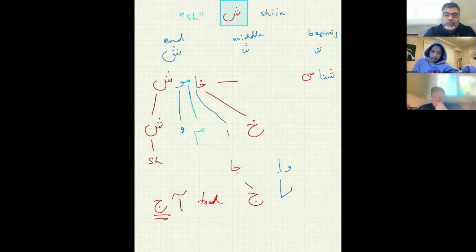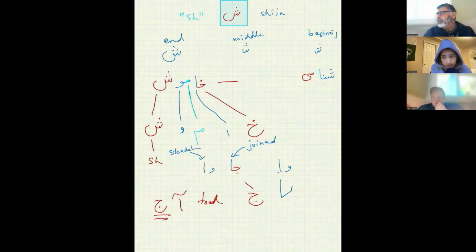So Jeem, alif, ja. We just saw that. But we can never do that when we have wow at the beginning and then alif. Alif is going to be standalone form. So here, Alif is joined. Here, Alif is standalone. It's the nature of it, and also with the Urdu letter Re, the R, it's going to be standalone.